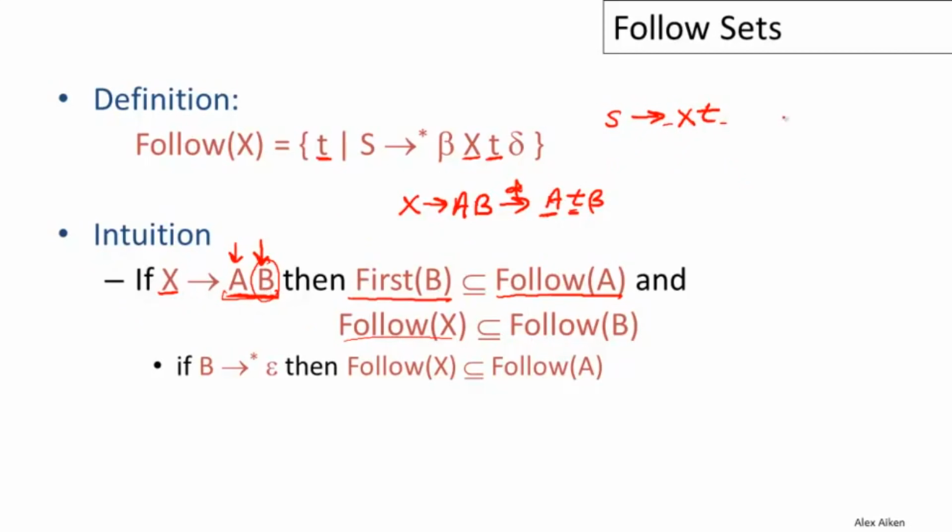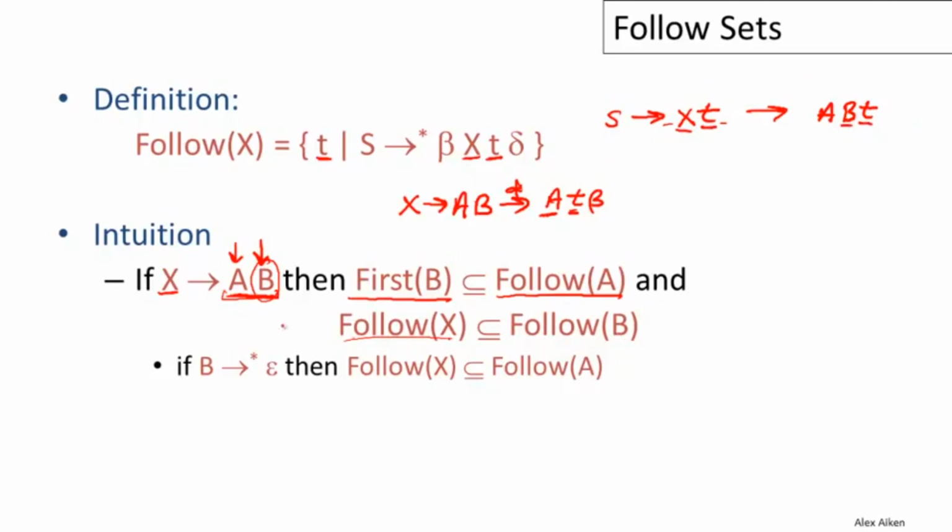Then we can use this production, X goes to AB, and in one step we can get to ABT. And now we see that T was in the follow of X, and also T is in the follow of B as a result. So anything that's in the follow of X will also be in the follow of B.